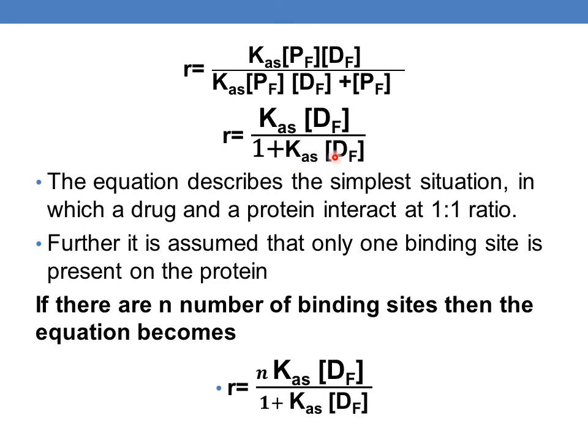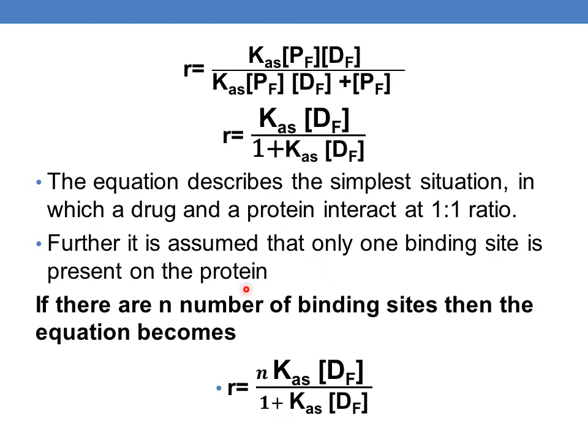This is the final equation: R is equal to Ks DF by 1 plus Ks DF, and this equation describes the simplest situation in which a drug and protein interact in a 1:1 ratio. That is, 1 mole of drug interacts with 1 mole of protein, and it is further assumed that the protein has only one binding site.